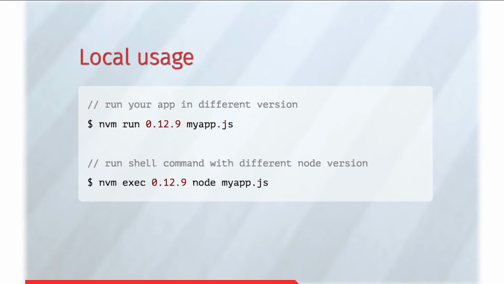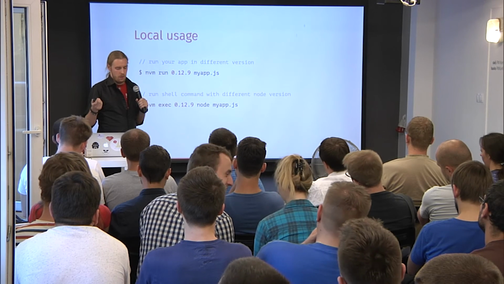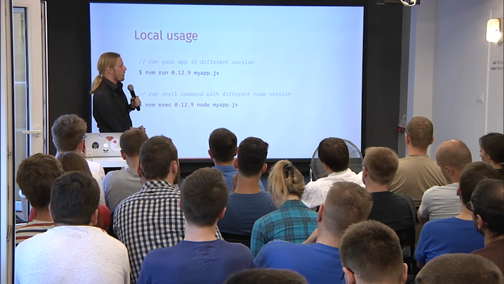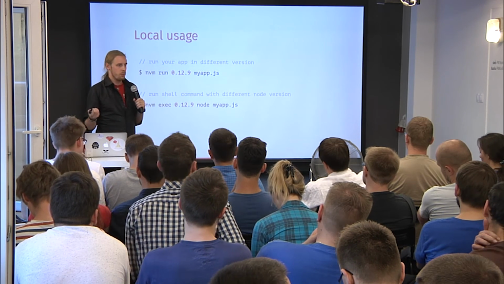It basically allows you to run your scripts, and only those selected scripts, on a different version than the one that's available globally in your operating system. So to run just a Node script with a different Node version, nvm run, the version, and the file name of your script.